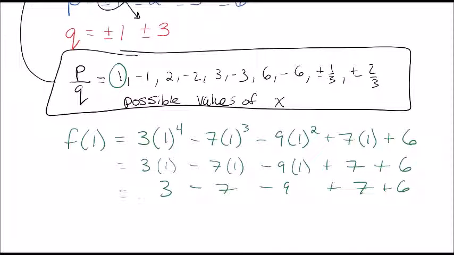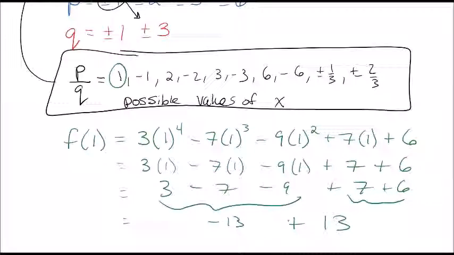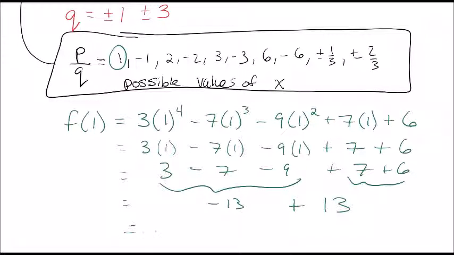In this case, 3 minus 7 gives me negative 4. Negative 4 minus 9 is going to be negative 13. So here these become negative 13. And this I can see becomes 7 plus 6, a positive 13. And negative 13 plus 13 equals 0. So f of 1 does give me 0.